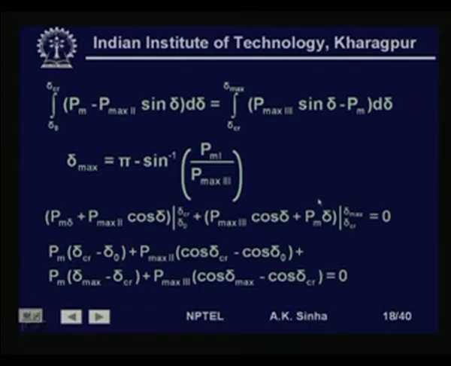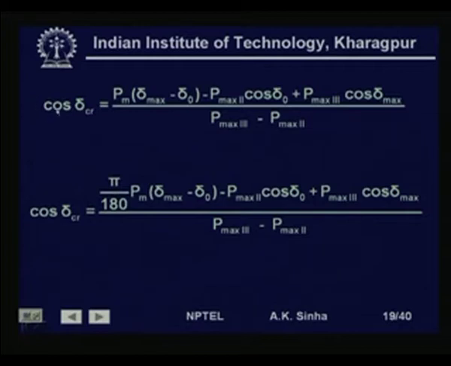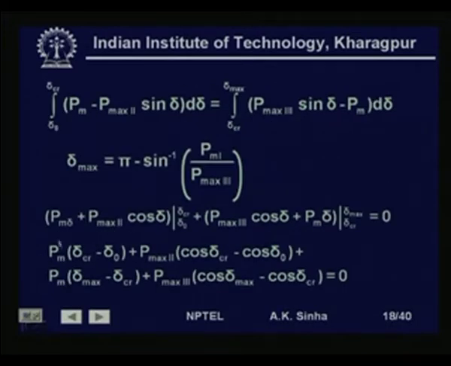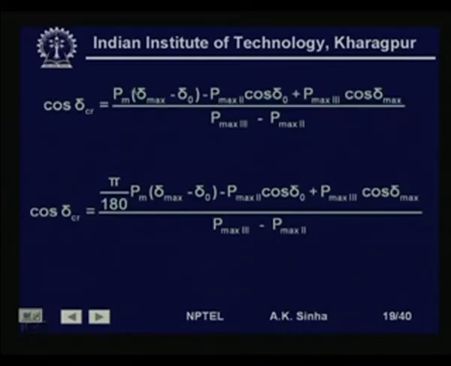So, now substituting the values, we can finally calculate cos delta critical is equal to Pm delta max minus delta 0 minus Pmax2 cos delta 0 plus Pmax3 cos delta max, divided by Pmax3 minus Pmax2. So, after simplifying, we can get cos delta critical as this expression.